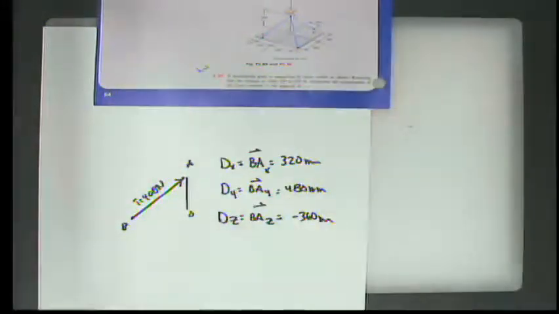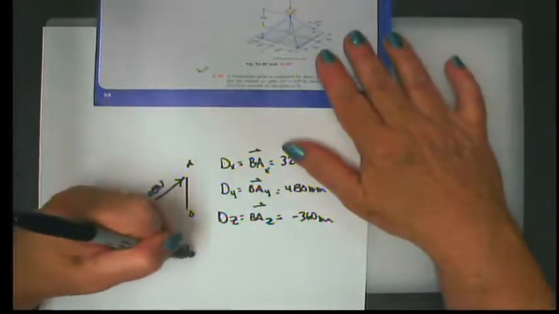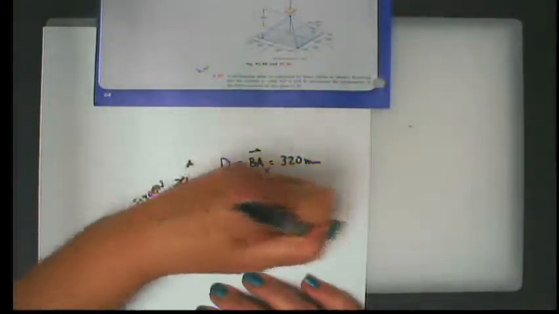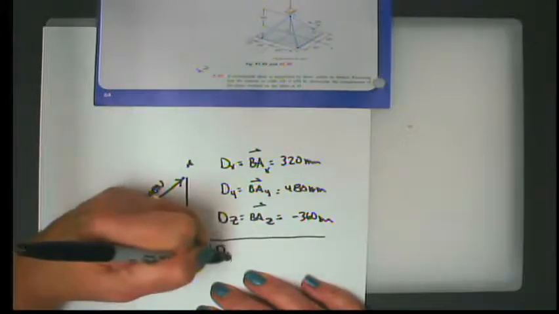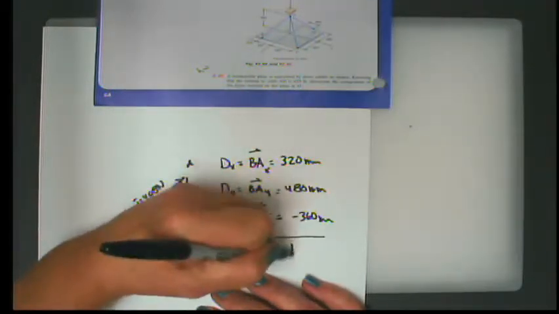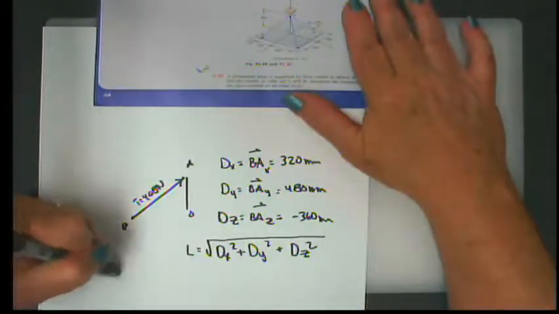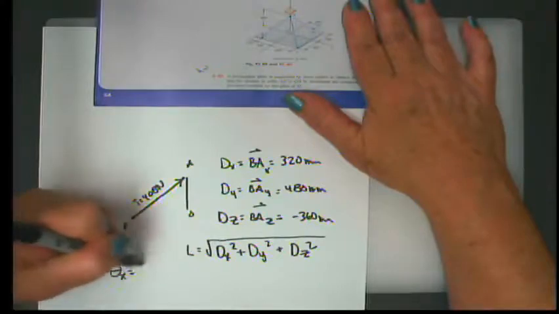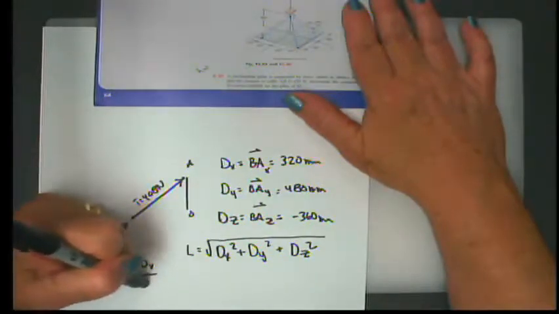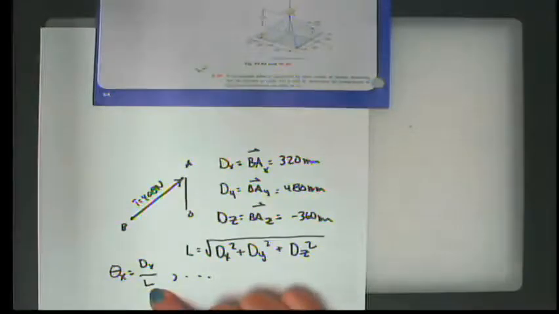All right, so the process, I'm going to finish up in just a minute here. You need to find the length using a three-dimensional Pythagorean theorem. So you take the square root of the sum of the square of all of those factors, and then you can find your directional cosines based on the distance in each direction divided by the total length.